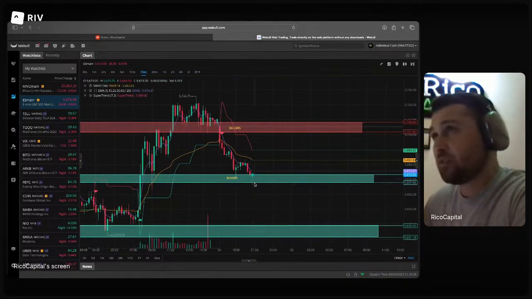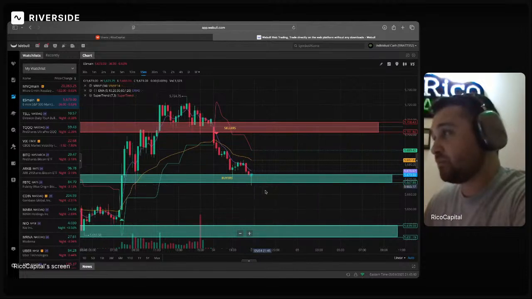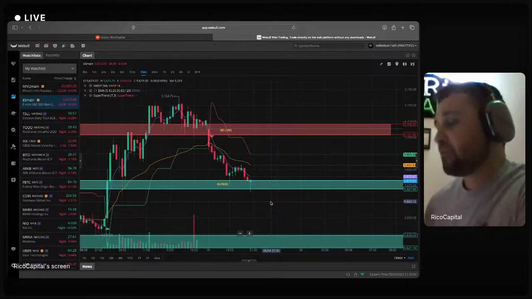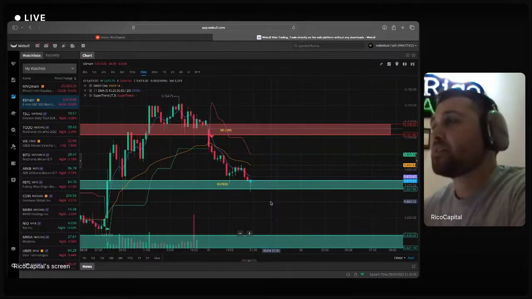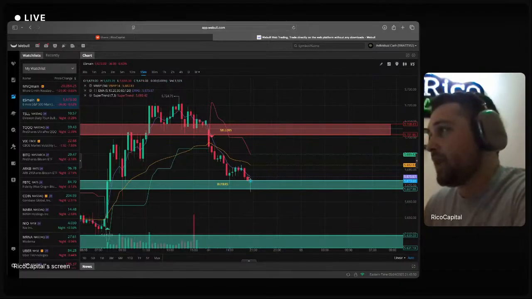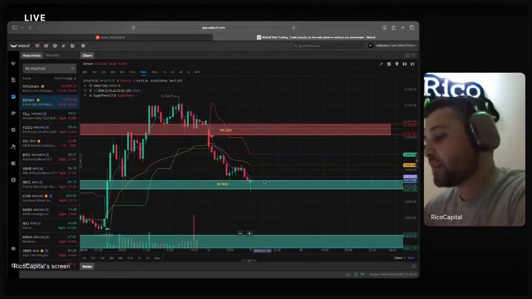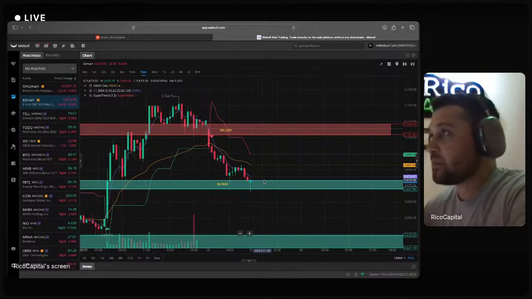Ooh, look at that. Knife on ES and pushing or defending that demand. Guys, remember this. If you remember anything, remember this. Wicks do the damage. The body tells the story. The candle body will tell the story. The wicks will do the damage, right? The wick will come down and try and take you out, but the body will tell the story if it's something that you're getting stopped out on, confirmation, things like that.